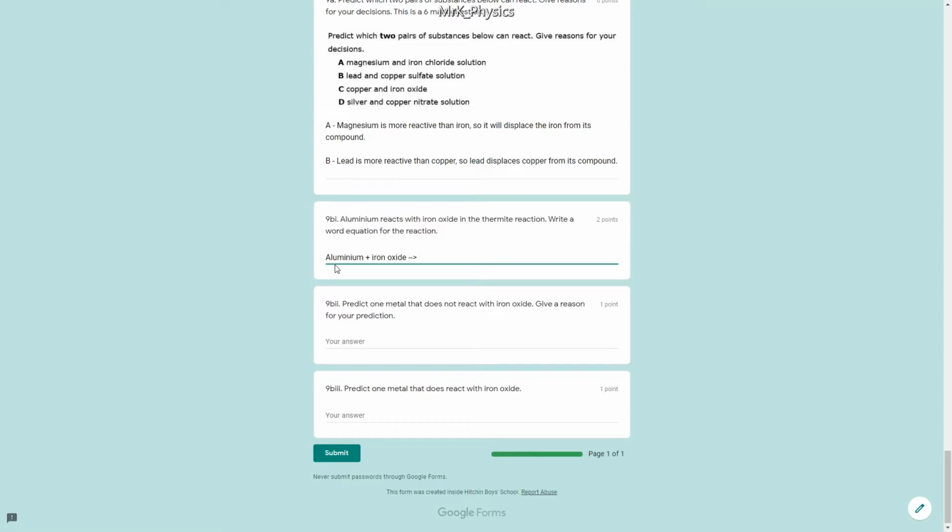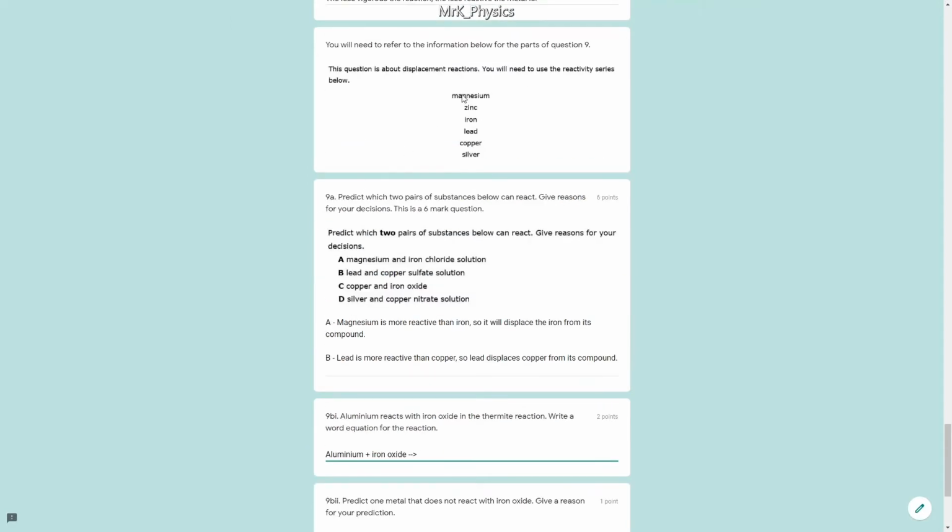What's that going to go to? And here you have to think back to the thermite reaction. Or you can think back to here. Iron being fairly lower down, aluminium not shown in this table, but it is more reactive than the iron. So it's going to be a displacement reaction, and what we end up with is iron plus aluminium oxide.